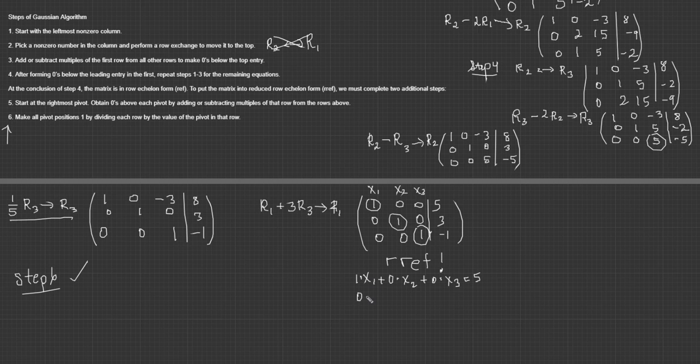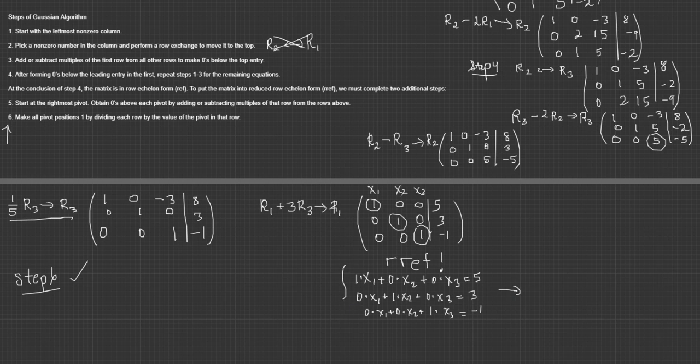Similarly continuing down the rows, 0 times x1 plus 1 times x2 plus 0 times x3 is equal to 3. And then lastly, 0 times x1 plus 0 times x2 plus 1 times x3, and that's just -1.